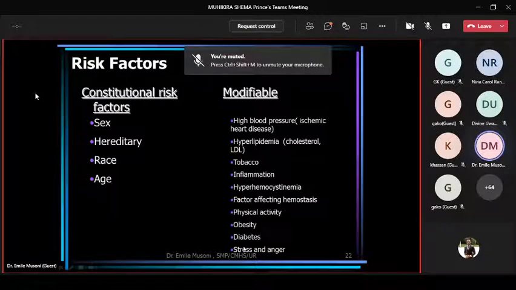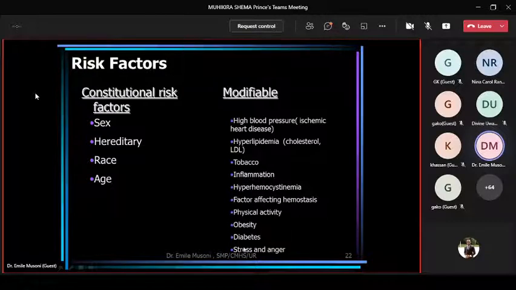Stress also is involved in atherosclerosis. But about the sex, it is found more in males than females.